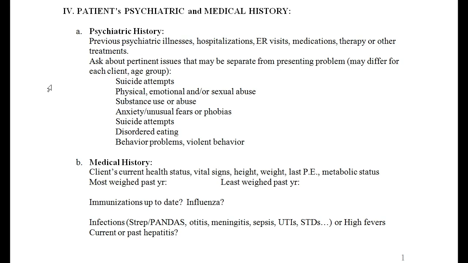How many times have they been hospitalized, if at all? How often did they use the emergency room? What is their suicide history? Have they made attempts or gestures? What else is going on? And you might have to probe a little bit to find this out, and you may get some of this information from collateral information from whoever came in with them, or certainly a parent, if that is a possibility for a child, or a spouse, or from a medical record, or from another provider.